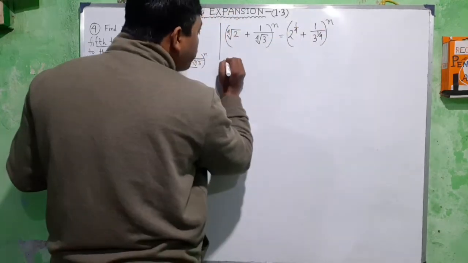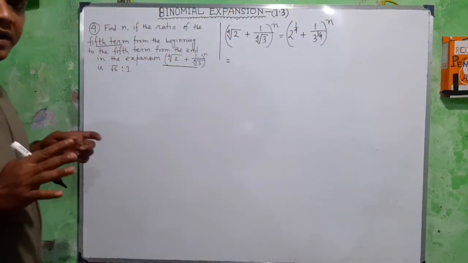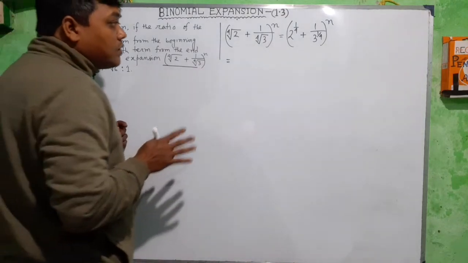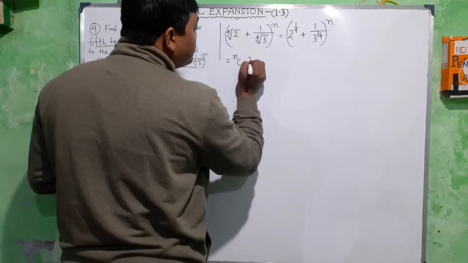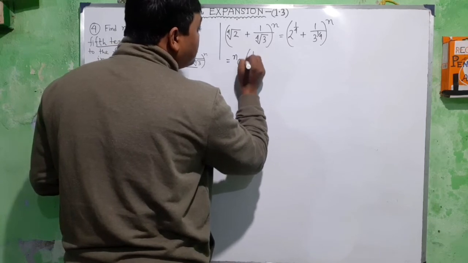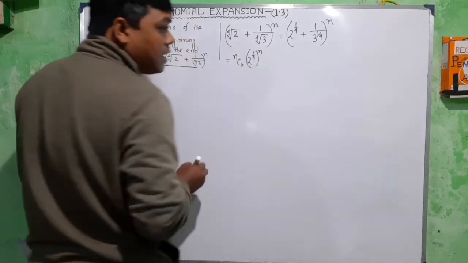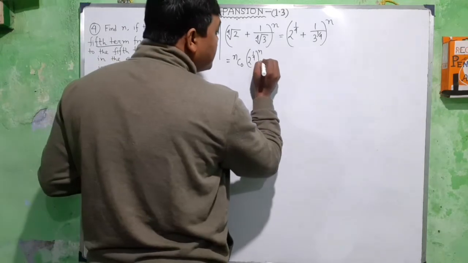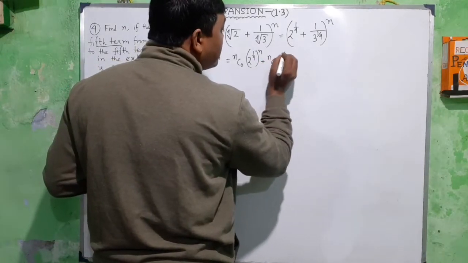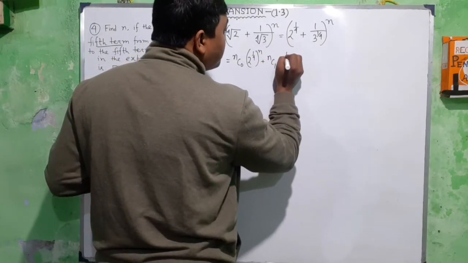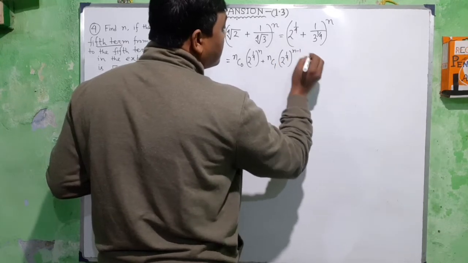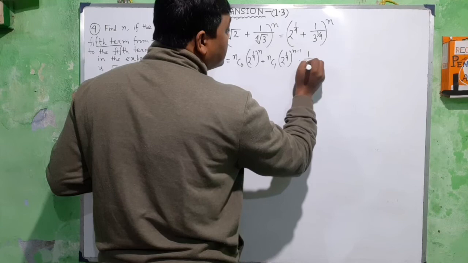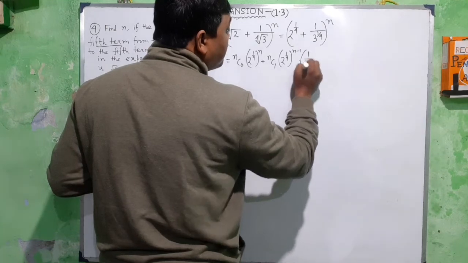If I expand it, the first term is nC0 (2 to the power 1 by 4) whole to the power n, and the second term is nC1 (2 to the power 1 by 4) whole to the power n minus 1 into (1 by 3 to the power 1 by 4) whole to the power 1.